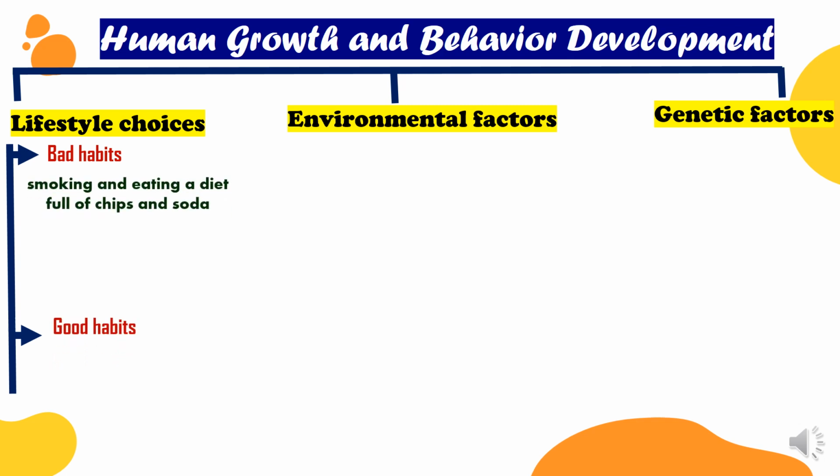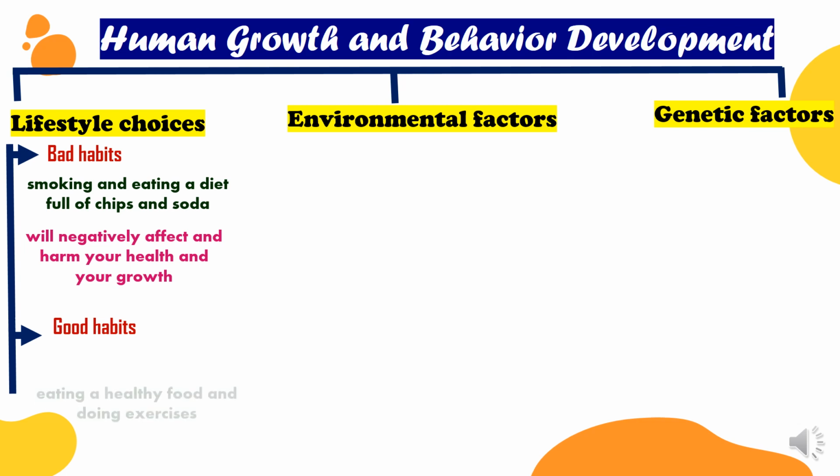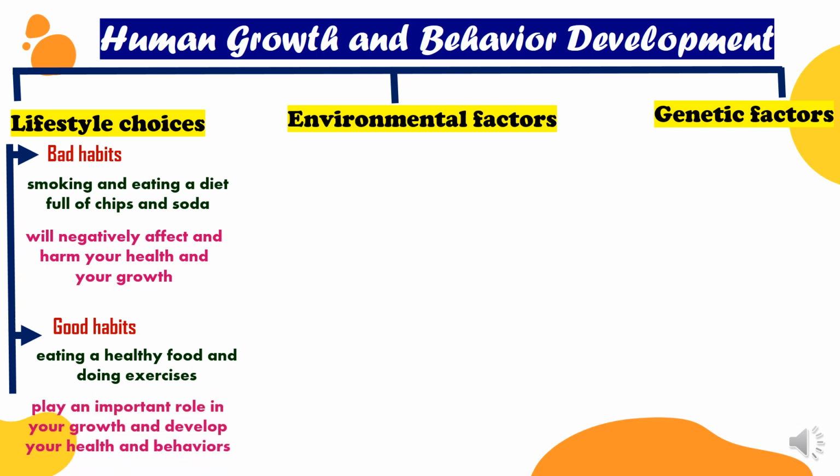Bad habits, like smoking and eating unhealthy food like chips and soda, will negatively affect and harm our bodies, our health and our growth. But doing good habits, like eating healthy food and doing exercise, plays an important role in our growth and develops our health and behaviors.